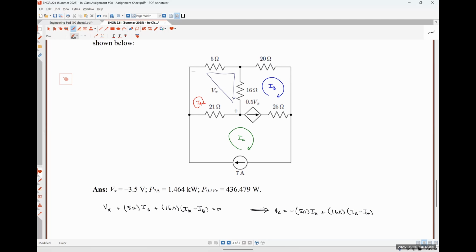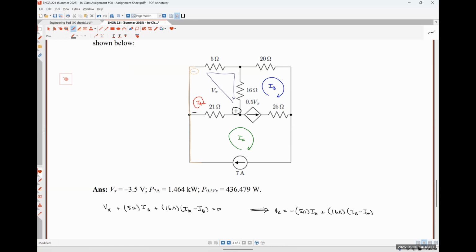So let's think about this really quickly. Let me use this color. So this negative polarity terminal is associated with this node over on the left-hand side of the circuit. So we've got a positive polarity terminal here at this node, and the negative polarity terminal could be written here on the left of the 21 ohm resistor.